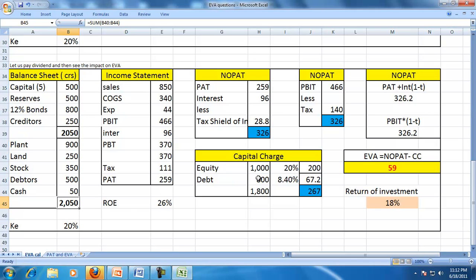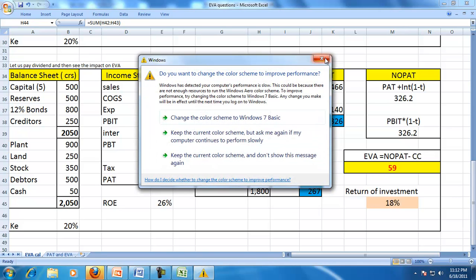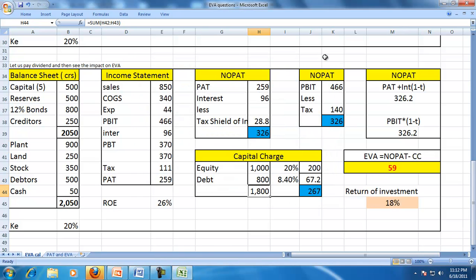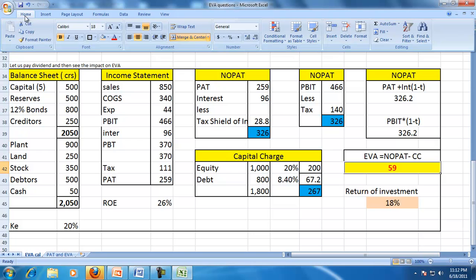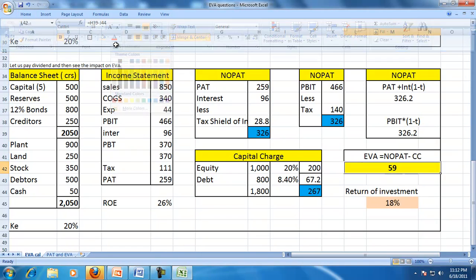As a result, the equity and the debt or the capital employed reduces to 1800, and you can see the debt cost and equity cost remaining same, the NOPAT remaining same, because the composition as well as the amount has changed. EVA is no more a negative, but EVA becomes positive.